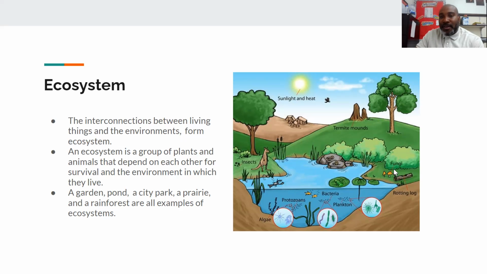Also, you have fungi and different types of trees and plants. In an ecosystem, everything coexists. Once one thing is taken out of an ecosystem, that can affect everything else dramatically.